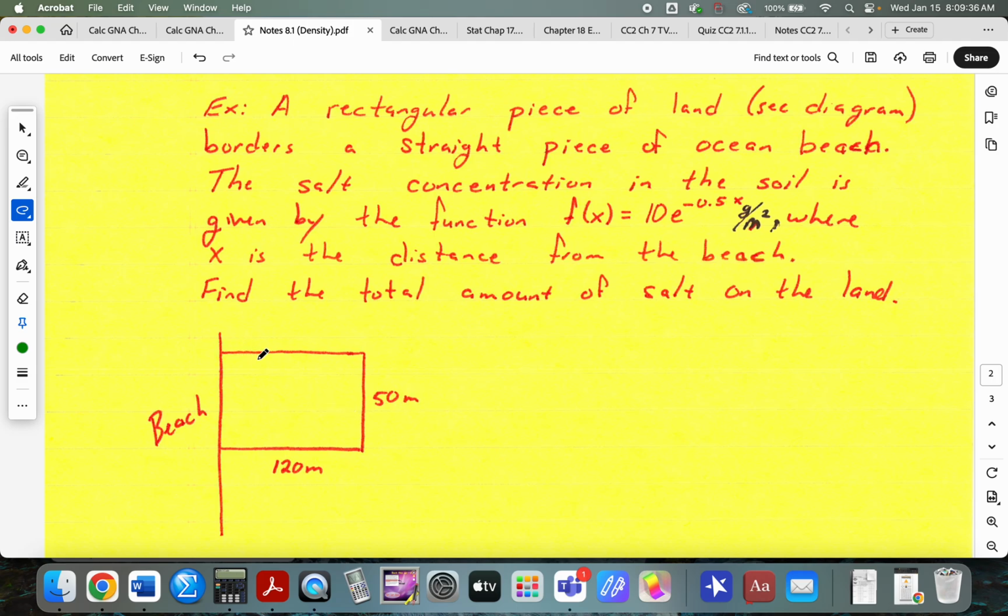All right, so to help you kind of think about this, if we take what I call a representative slice of this, this distance is going to be 50, right? And this is going to be some little thin slice, and we're going to call it dx.